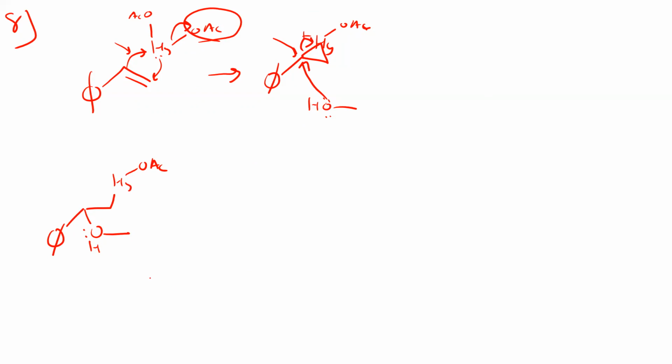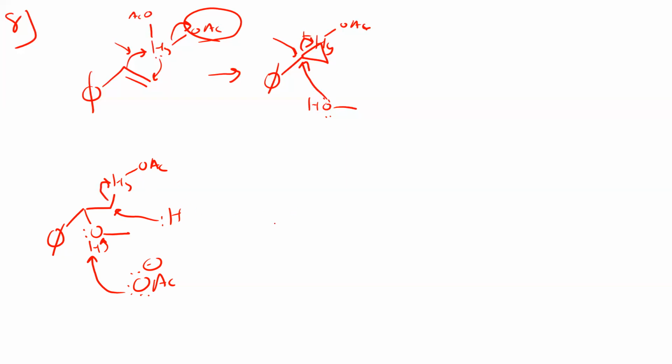And one of these floating around has a negative charge. It's going to want to take that. It's going to put this right here. To get rid of this mercury group, we're going to have a hydride come in. It's going to come in right here, and this is going to be released.